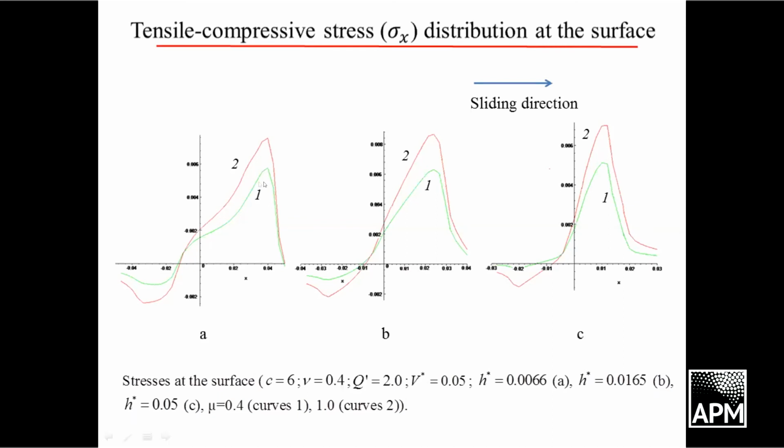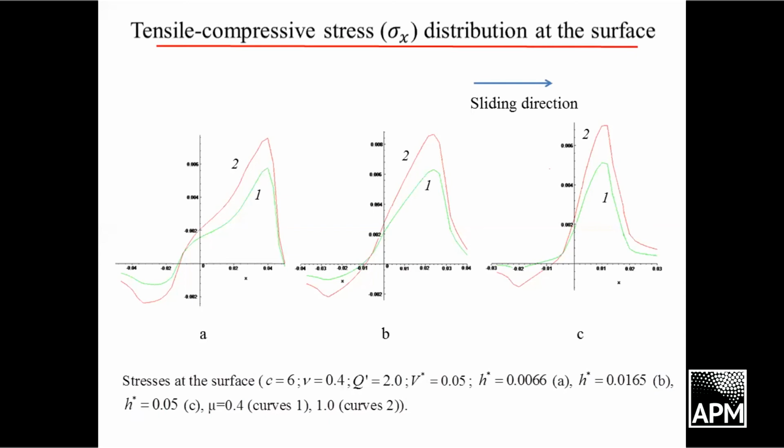Here curves 1 were obtained for 0.4 friction coefficient, and curve 2 for 1.0 friction coefficient. And in any case, we have the largest value of tensile stresses for the case of thin, hard layers. It is a very interesting result.